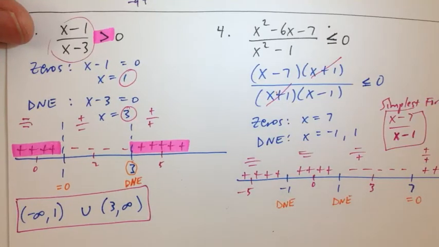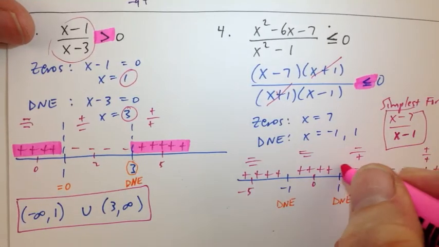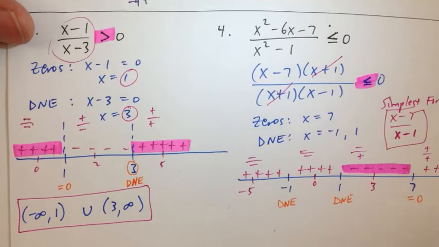But we want the interval on which this function's values are less than or equal to 0, and the only place that we have that is right here. So I picked a good problem because look, we've got a D and E and we have an equals 0.